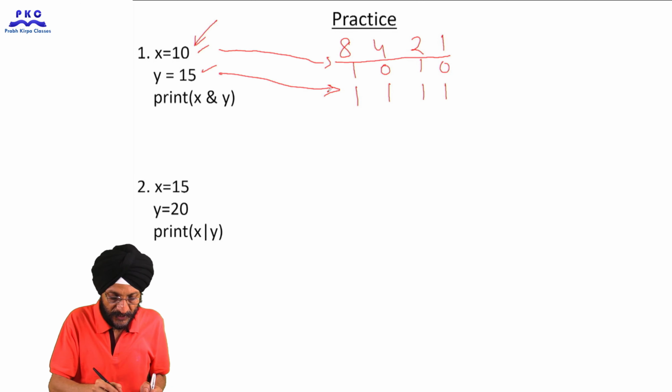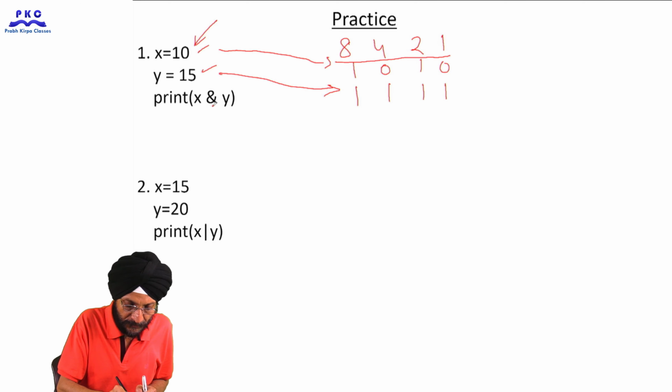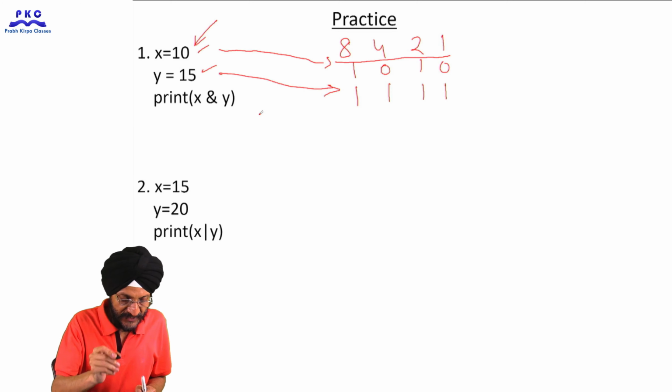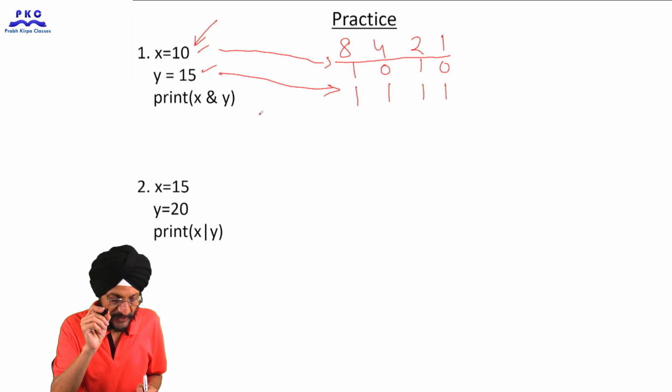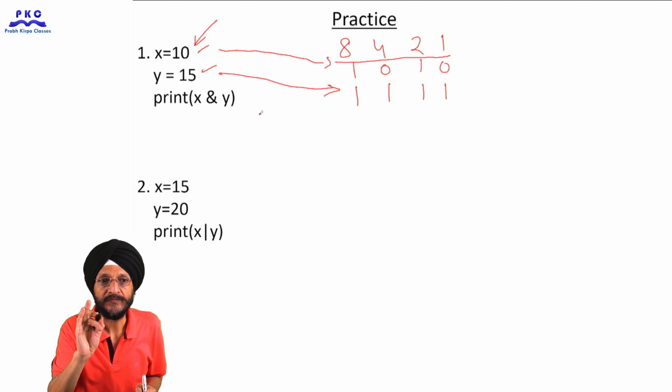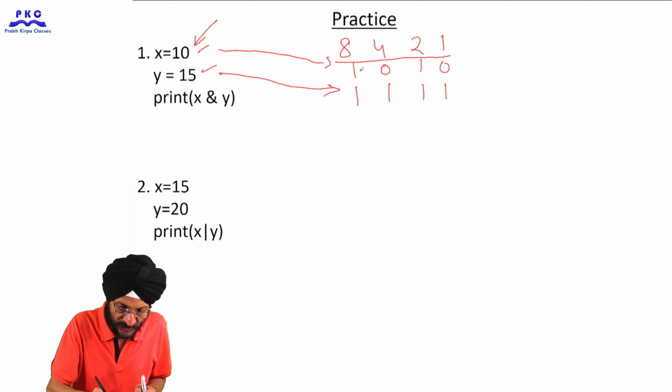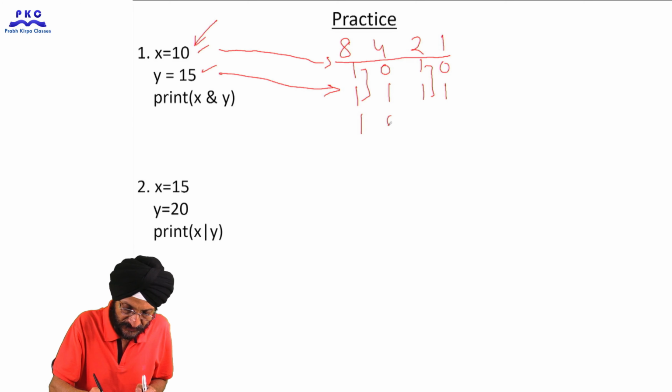So here it is given print X bitwise and Y. The bitwise AND operator returns 1 only if both the bits in that position are 1. Here it is 1, 0, 1, 0.